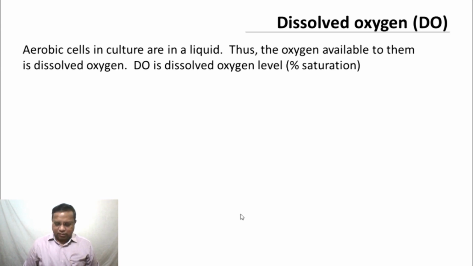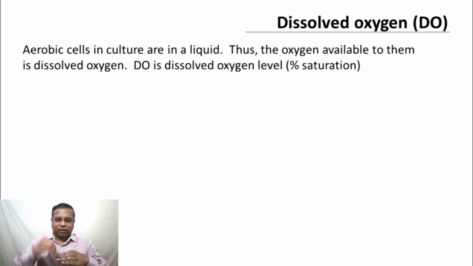What it means is, you would have been introduced to the concept of equilibrium. Let us say that we are considering water which is in contact with air. Oxygen which is in the air will transport to the water phase, the liquid phase, from the gas phase. This will happen till a certain equilibrium is achieved.